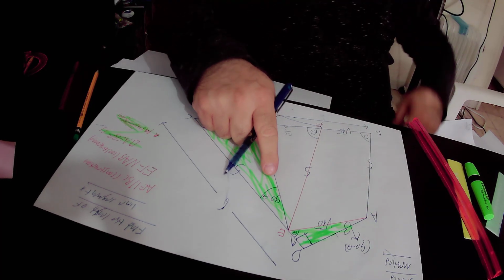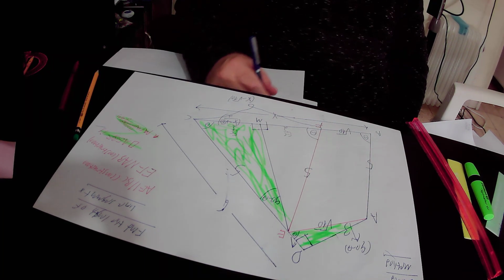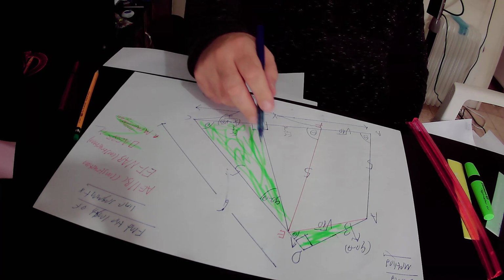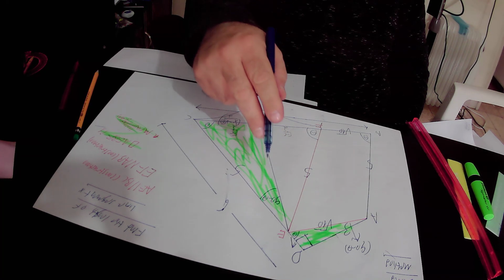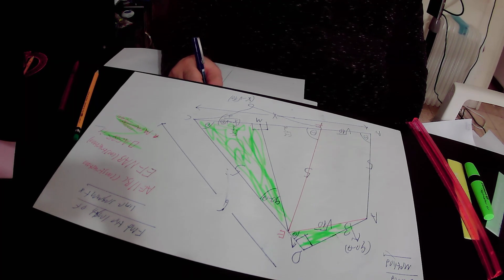So angle DAE, in the right triangle DAE, is equal to this angle, that is actually angle MEC, and both angles are equal to 90 degrees minus theta. Therefore, they are equal to each other.